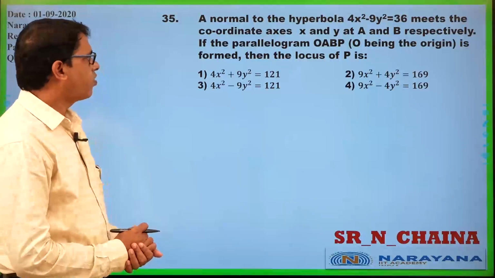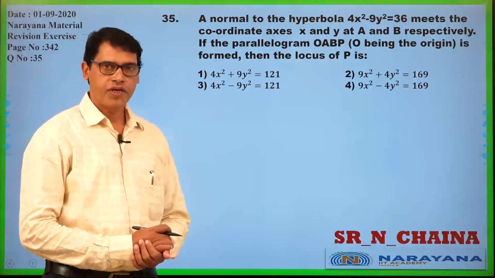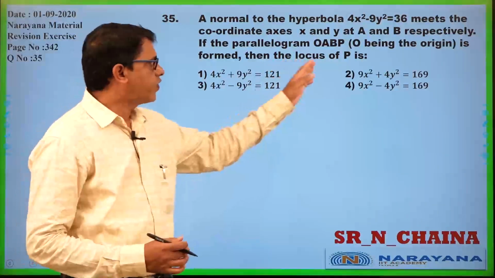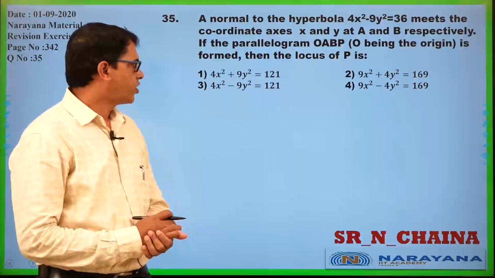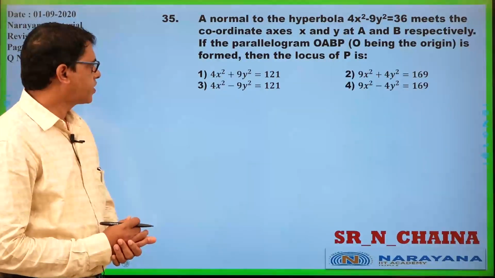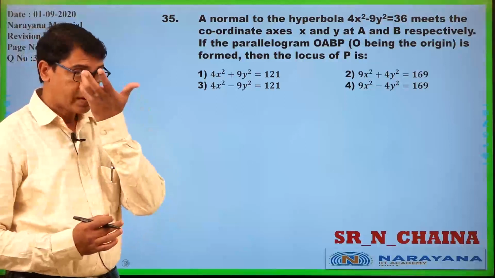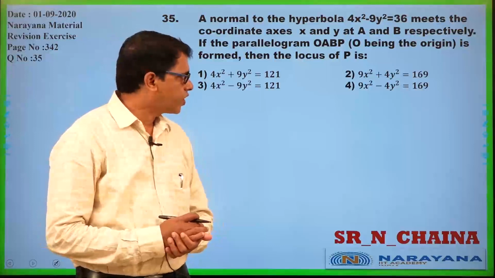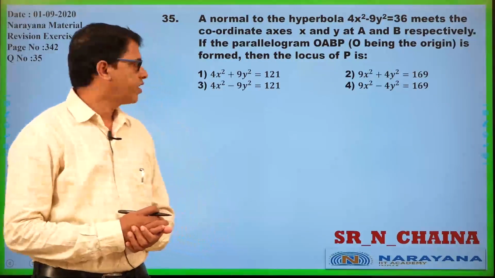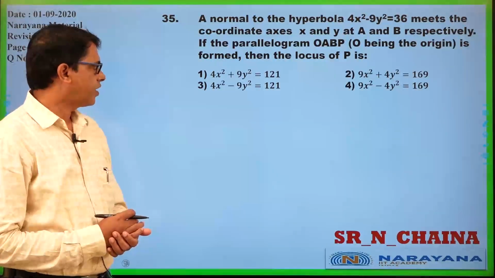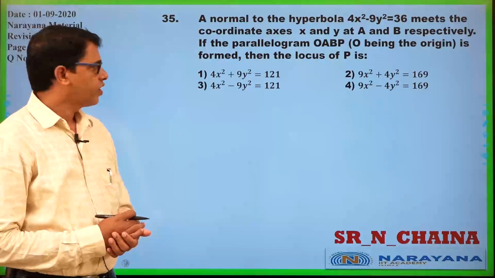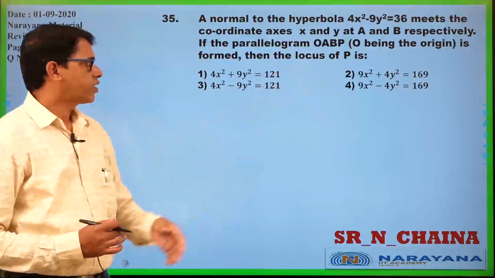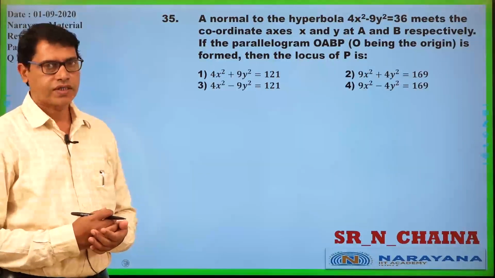If the parallelogram OABP is formed, then the locus of the point P. Options are: 4x square plus 9y square equals 121; second option, 9x square plus 4y square equals 169; option 3, 4x square minus 9y square equals 121; and fourth option, 9x square minus 4y square equals 169.